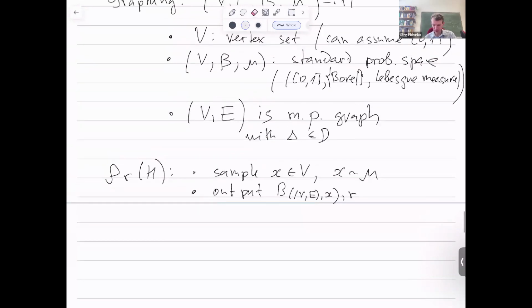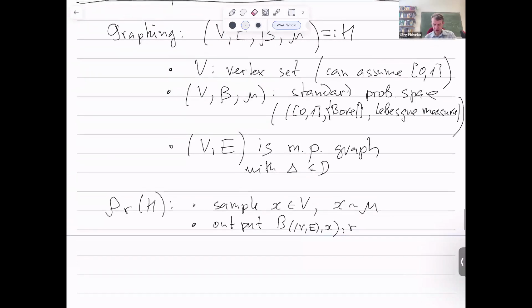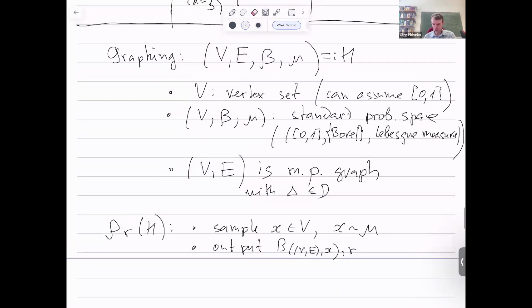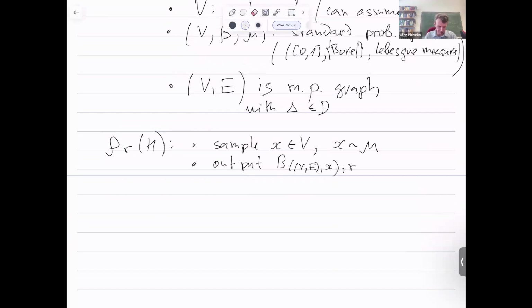And for example, if you have a finite graph, you can take the uniform measure on its vertex set, and you get the same definition. If you want the vertex set to be equal to 0, 1, you can just take many copies of your graph. So it includes finite graphs. Okay, maybe let me just note it here: finite G.